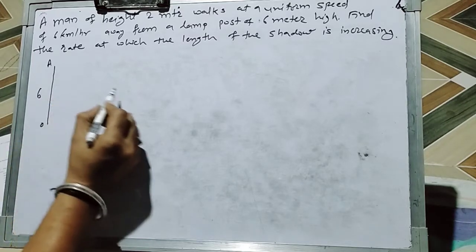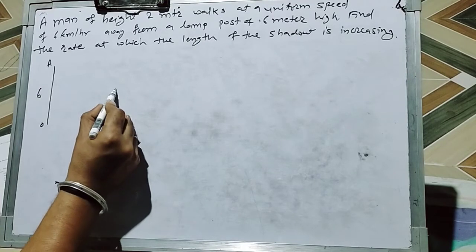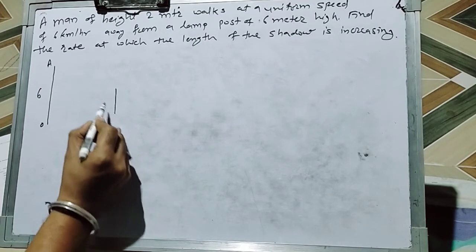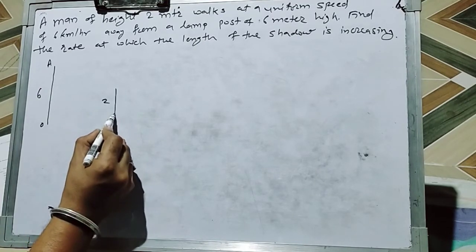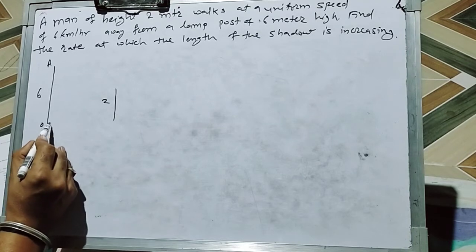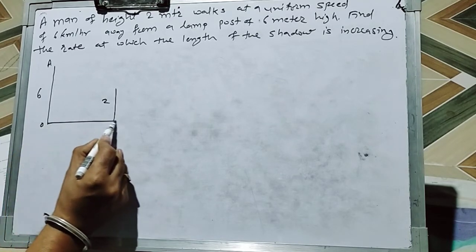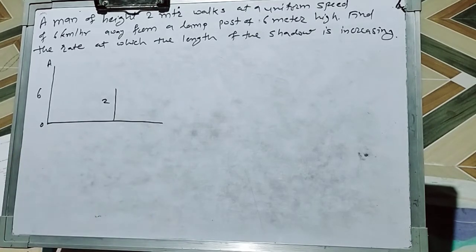So a man of height 2 meter walks at uniform speed.